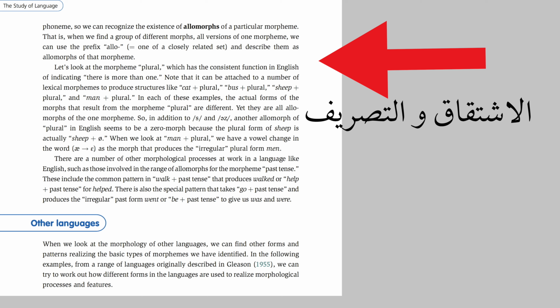Note that it can be attached to a number of lexical morphemes to produce structures like cat, bus, and man in these cases. In each of these examples, the actual form of the morphs that result from the morpheme plural are different. Yet they are all allomorphs of the one morpheme here. So in addition to s and es, other allomorphs of the plural in English seems to be a zeromorph. You need to keep that in mind.